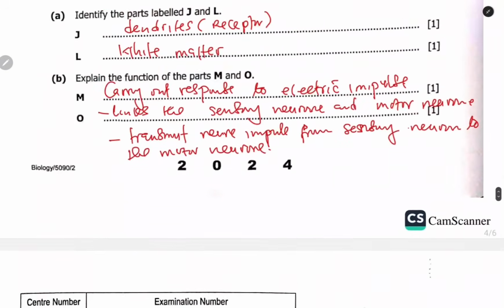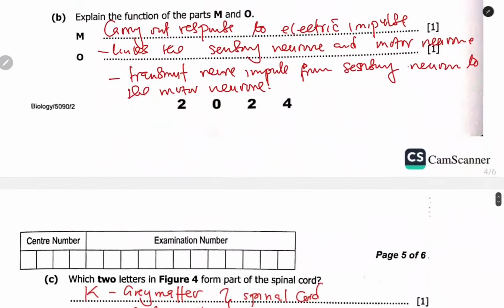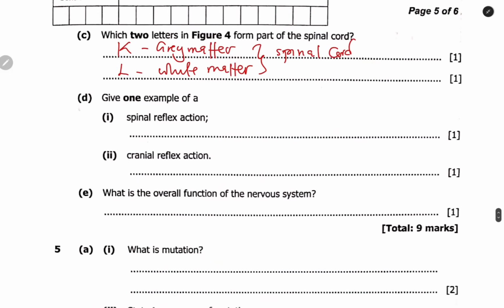Then what about this circle here? What is this circle here? This in the middle here. Well, that is called a central canal. So in case you're asked in the next part, maybe what is that, then you're able to tell.